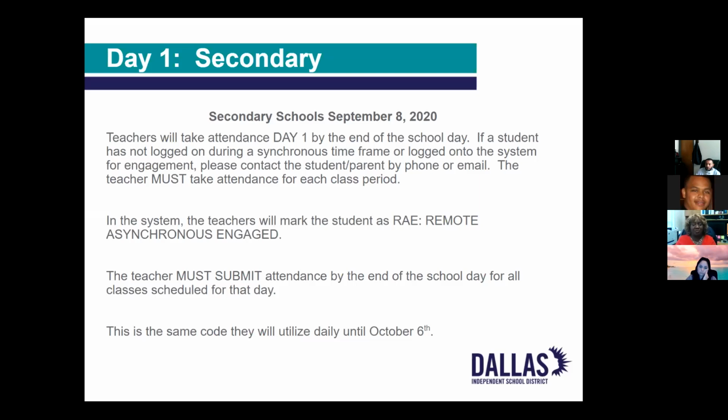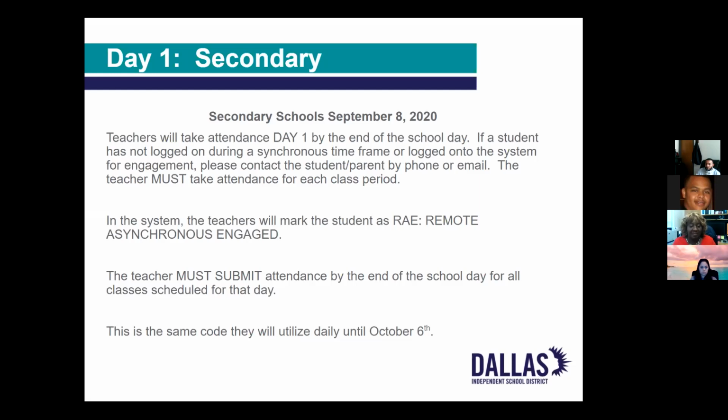The teacher must take attendance each class period. So I don't know why they say you have to submit at the end of the day, but each class period. In the system, the teachers will mark the student as RAE, remote asynchronous engaged, on day 1. That's the only code you can mark. You can't mark absent at all on day 1.